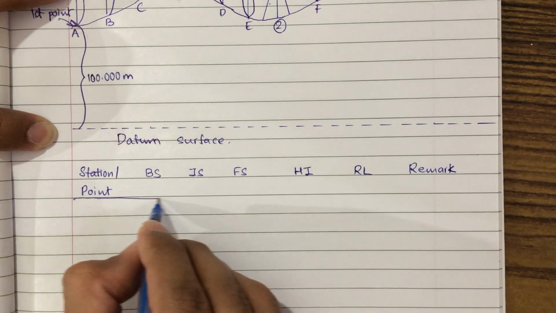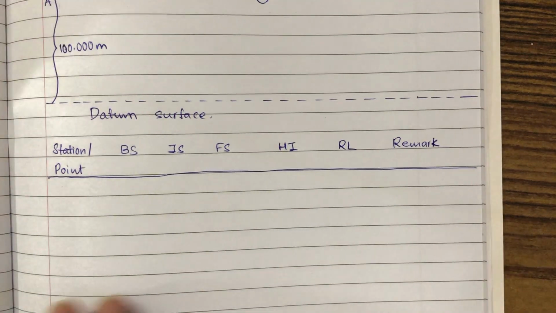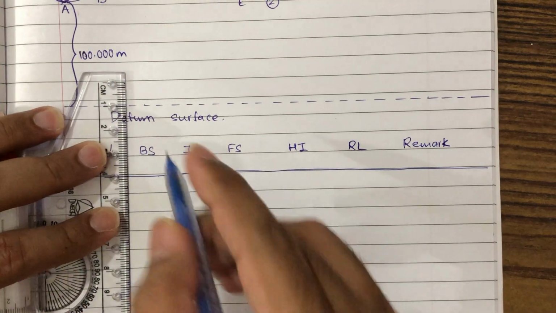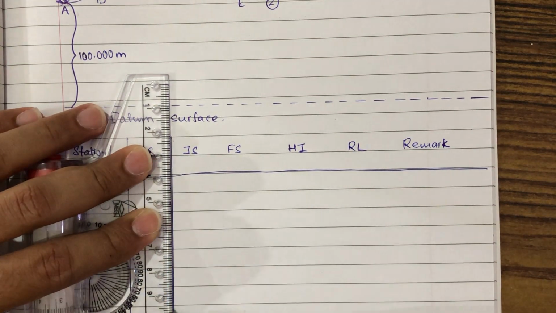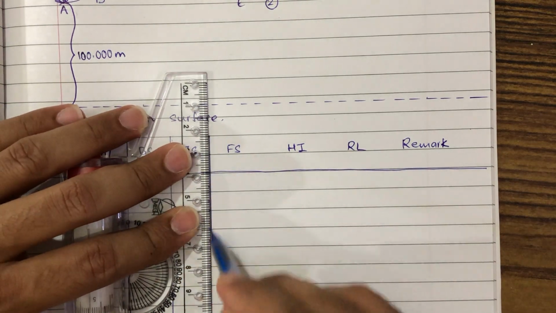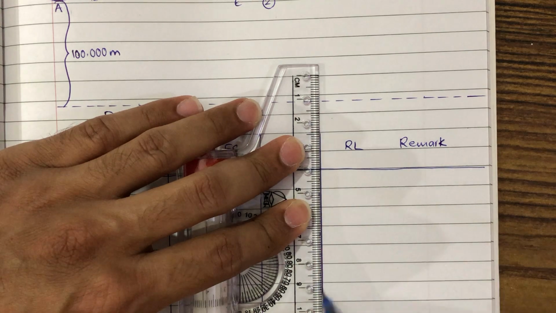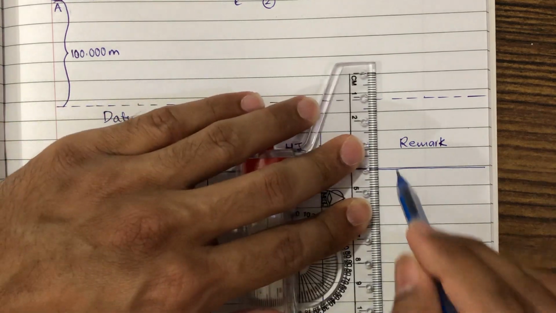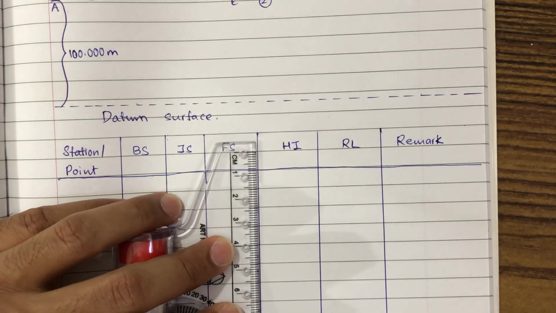This is how the table has to be made. Once this table is made, we can plot the backsight, intermediate sight, foresight readings, the HI value, that is the height of instrument, and the RL value, and then there will be this remark column.